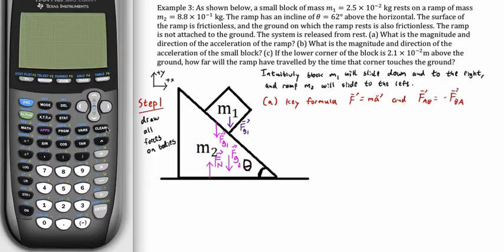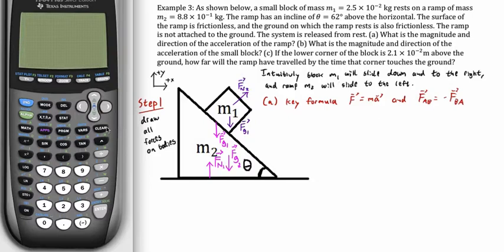But interestingly, normal forces, by definition, are orthogonal to the surface, which is why we had the normal force exerted by the table or floor on the ramp at 90 degrees. So that means the normal force exerted on mass 1 must also be at 90 degrees to the ramp surface, which is going to make it not point straight up. So it's going to look like this. That's going to be Fn2, and we'll call the first one Fn1.